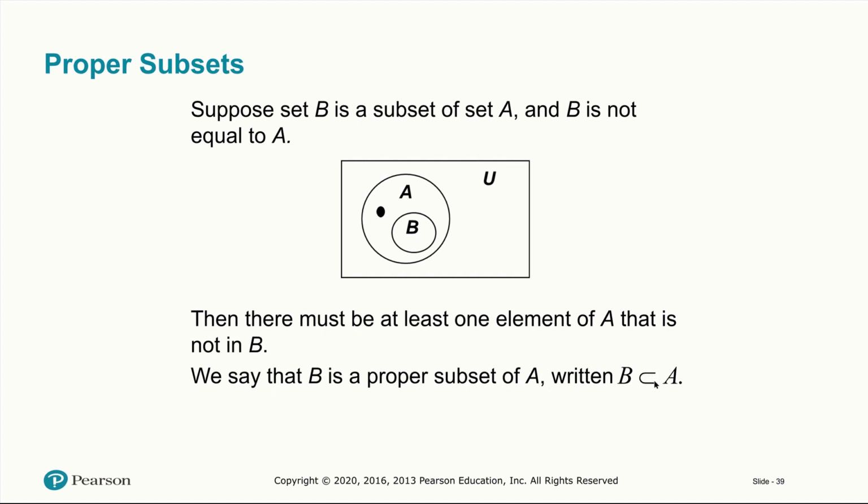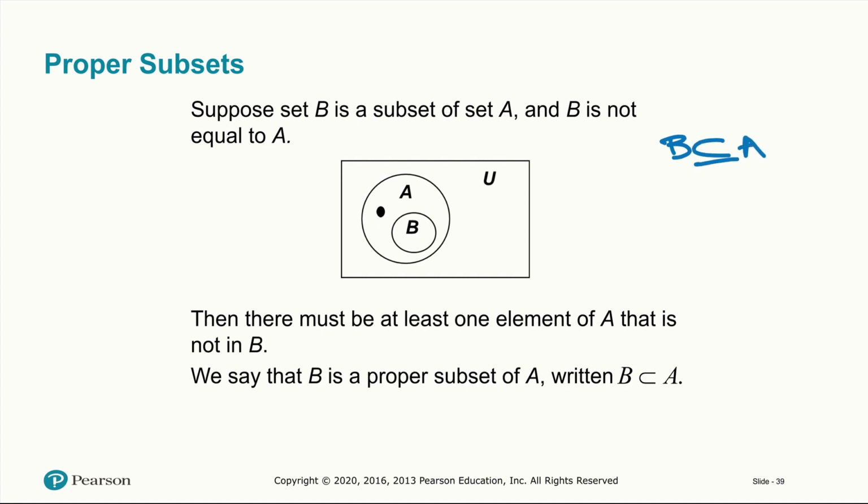And this is the notation. Notice what we dropped. We dropped the or-equal symbol, the bar on the bottom, right? So for a regular subset, which could allow for equality, we use that symbol.